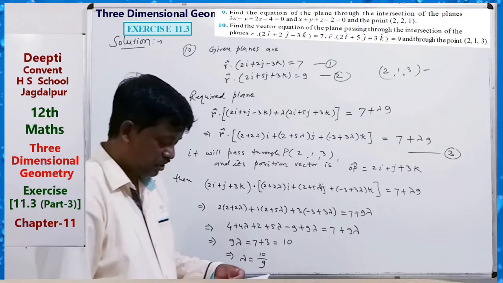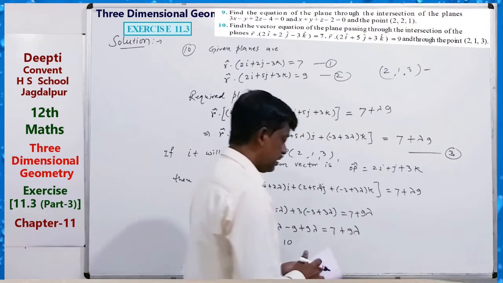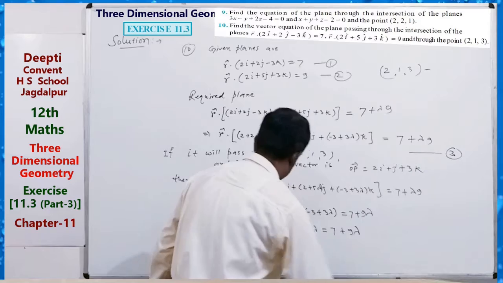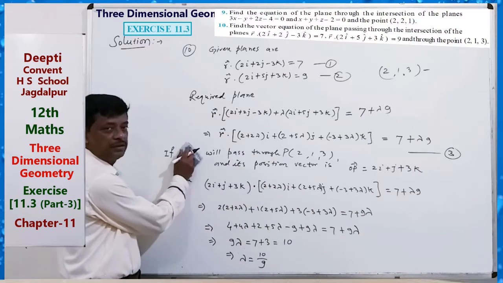So the vector equation we can write by substituting the value of lambda in equation third.